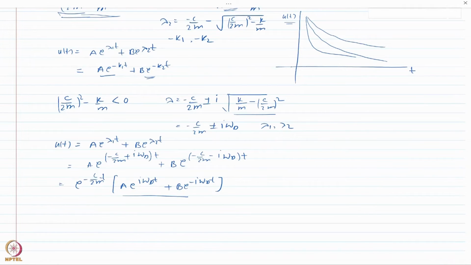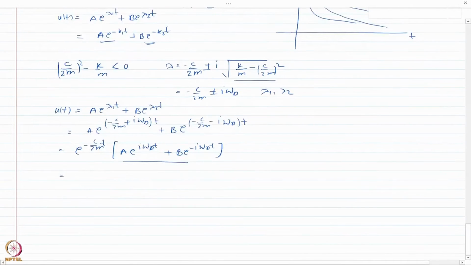Then I can substitute these values and arrange the terms. This would give me something like this: another constant, c cos omega_d t plus d sin omega_d t.